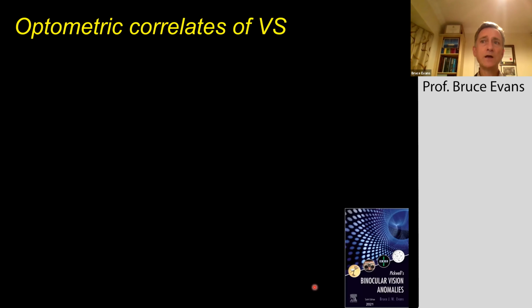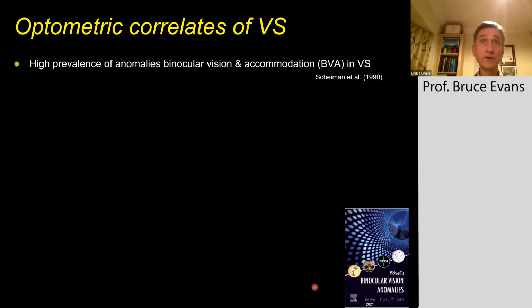And these other optometric problems have been researched, and several studies have found that people who complain of the symptoms of visual stress that we identified in the Delphi study, for example, sometimes those symptoms can be explained not by visual stress, but by binocular vision and accommodative anomalies, summarized as BVA on this slide.